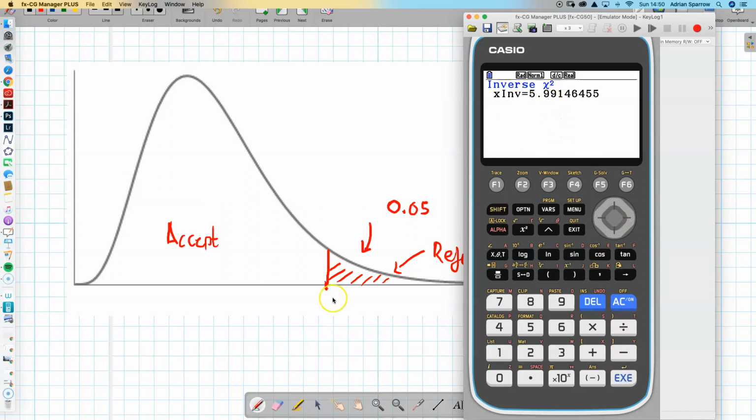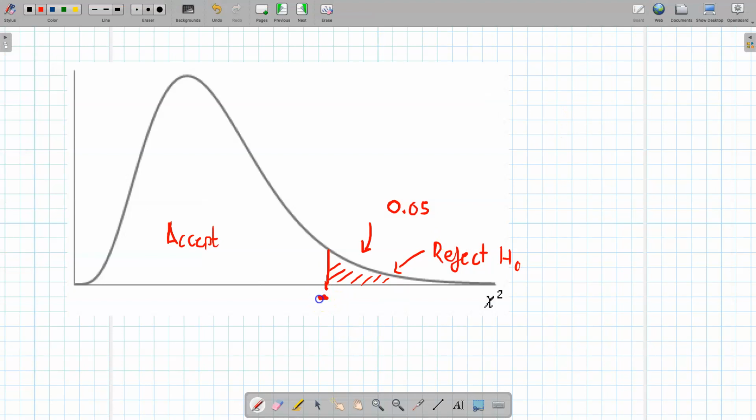And my cutoff point is 5.99. Now, if you remember what my chi-squared test statistic was, it was 5.5. It's not in the shaded region, so I'm going to accept H0.